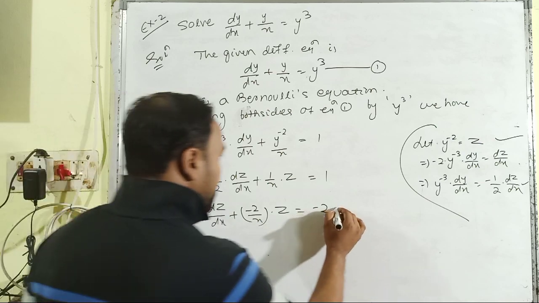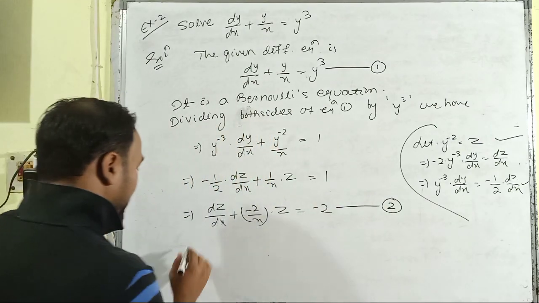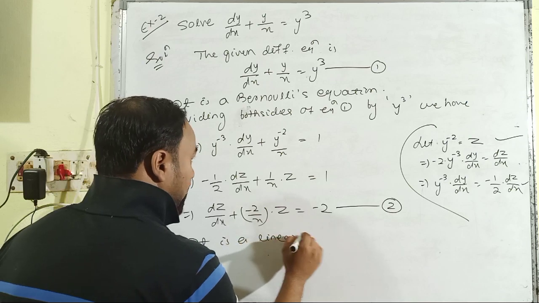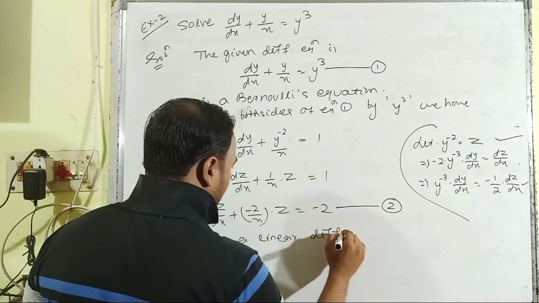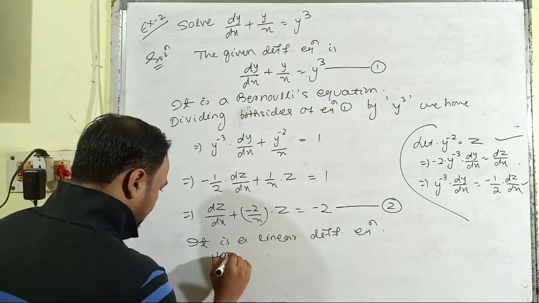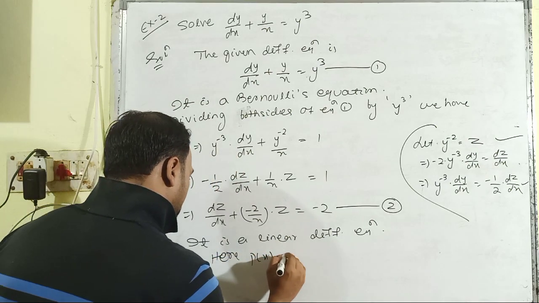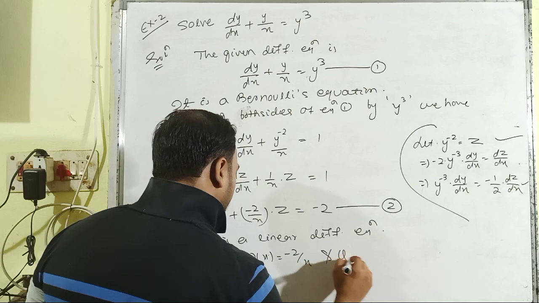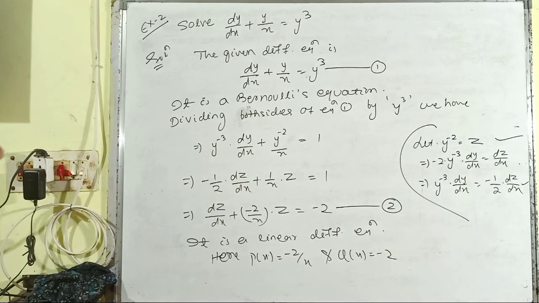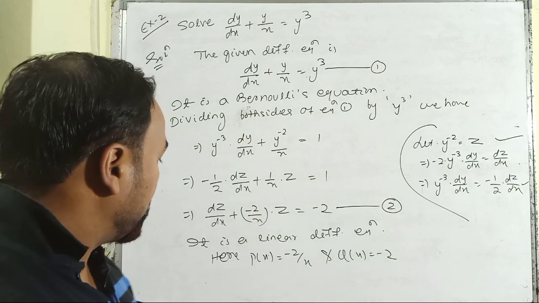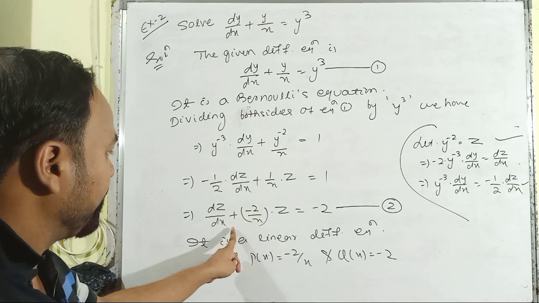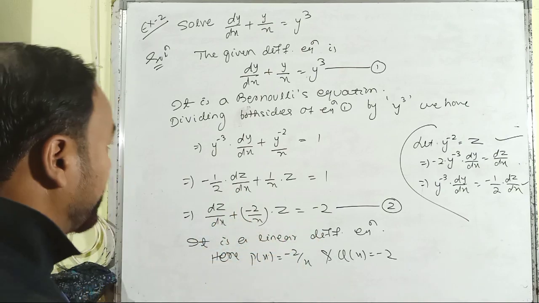Now you can see that this is in the form of a linear differential equation, where P(x) is equal to -2/x and Q(x) is equal to -2. Then our job is to find the integrating factor, and we have to multiply this integrating factor to both sides of equation number 2.